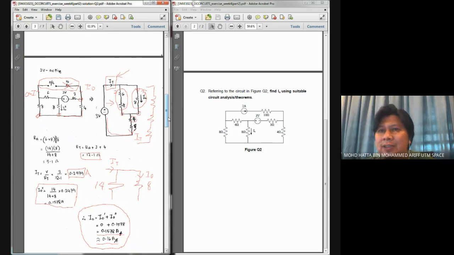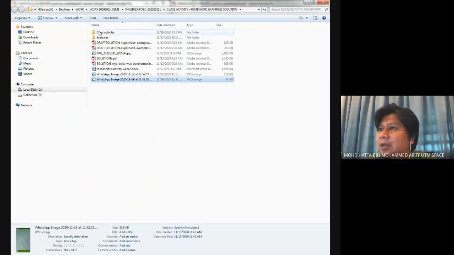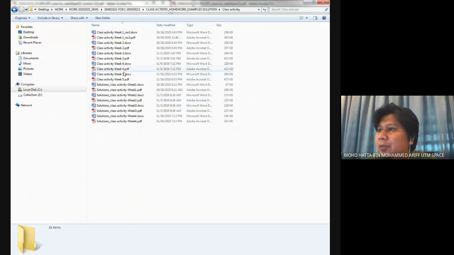You have circuits over there, right? You can always practice using that circuit. Try to use the method that you learned in previous weeks. For example, maybe you can use mesh, maybe you can use node. If you look at class activity week 5.